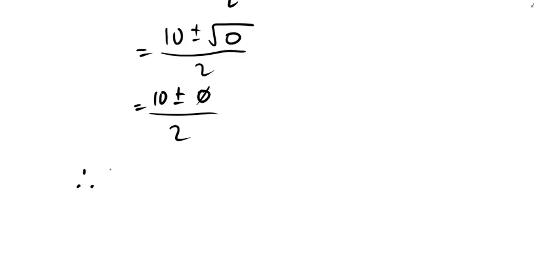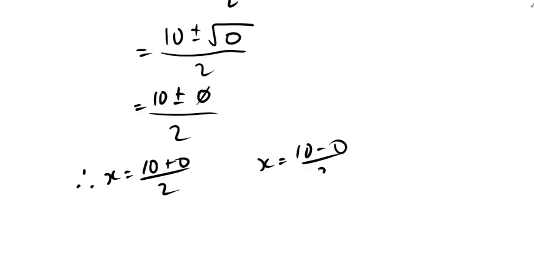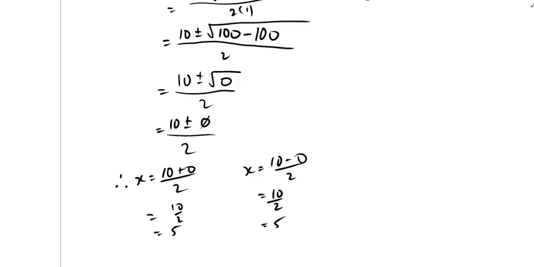Therefore, this is kind of a waste, but just for the sake of the lesson, x is 10 plus 0 over 2, or 10 minus 0 over 2, which obviously gives me the same answer, right? So 2 different ways with the plus and the minus, and I got the same answer. That's because I had the square root of 0.